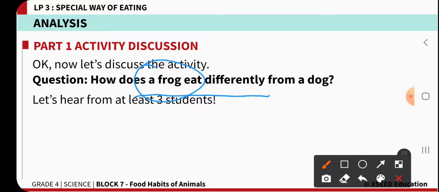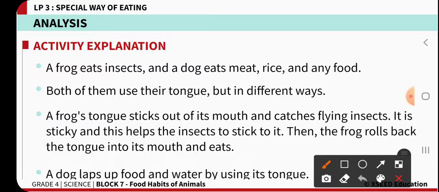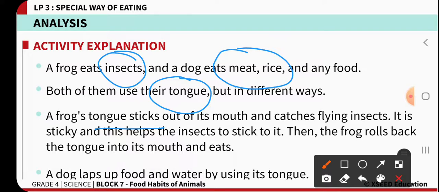Very good. A frog eats differently from a dog with the help of its sticky tongue, because a frog is an animal which always tries to eat insects, whereas a dog tries to eat meat and rice. For both of them, the tongue is the most important organ for the intake of food.